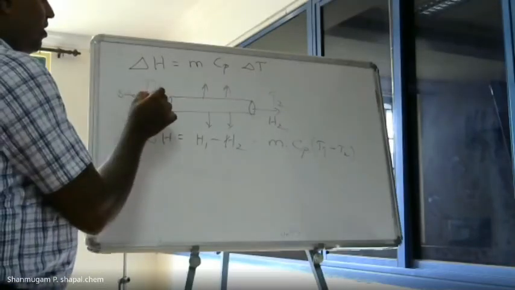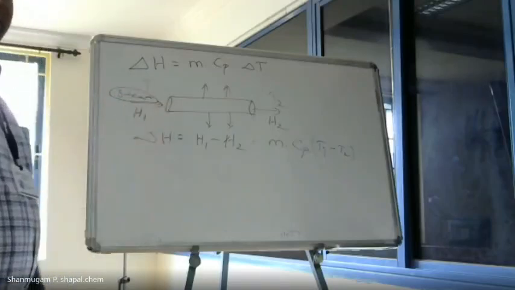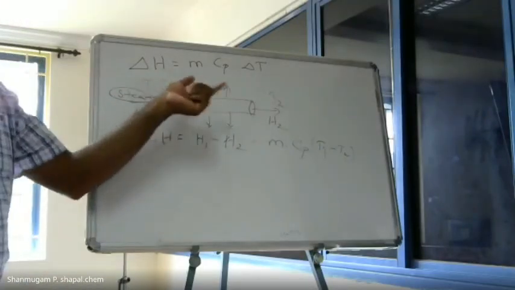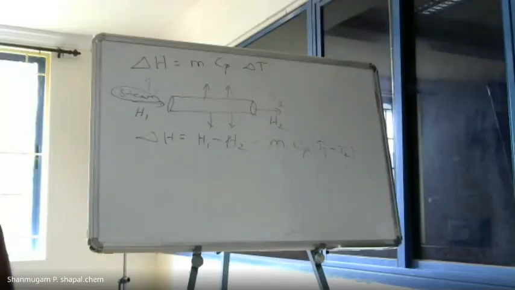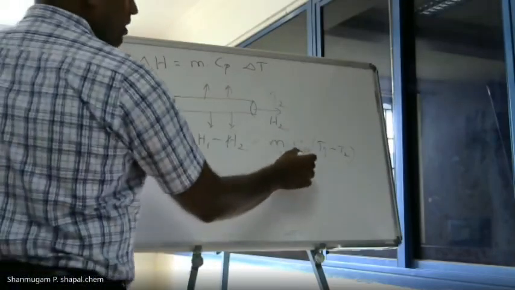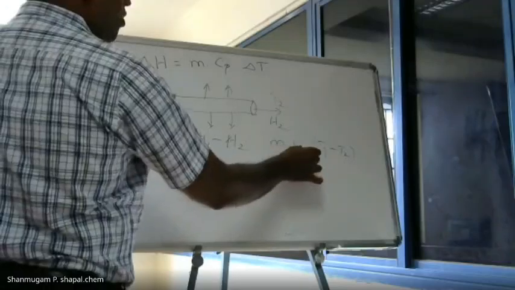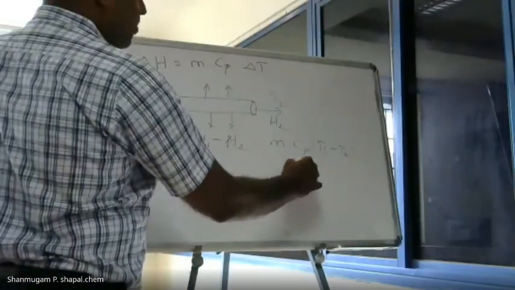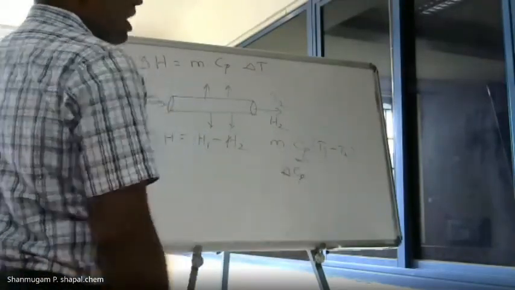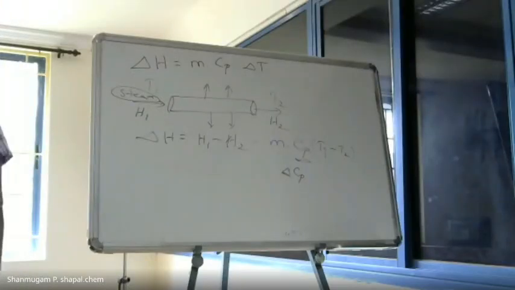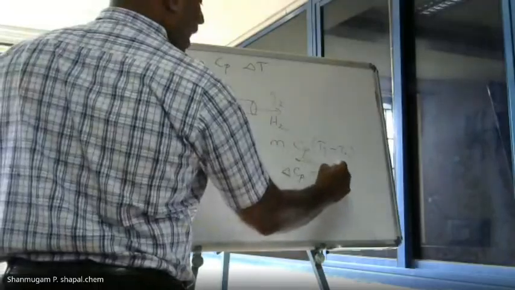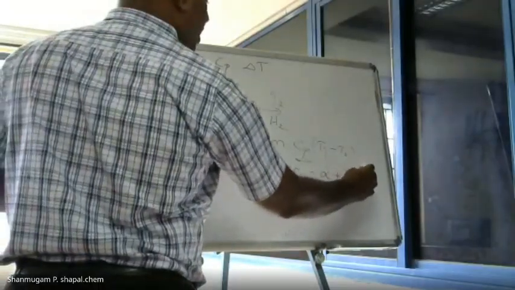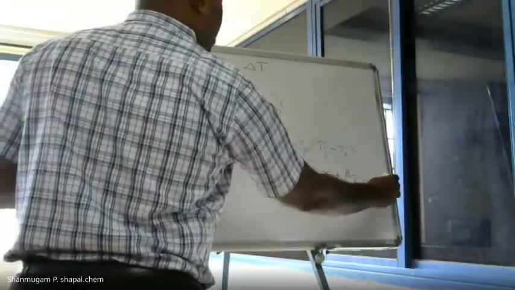But here we consider this is a steam. But you know that if the temperature changes for the steam or for water, the specific heat capacity will also be affected by the temperature. So sometimes they will write this as a delta Cp. This delta Cp can be represented as, for example, alpha plus beta T plus gamma T square, like this.